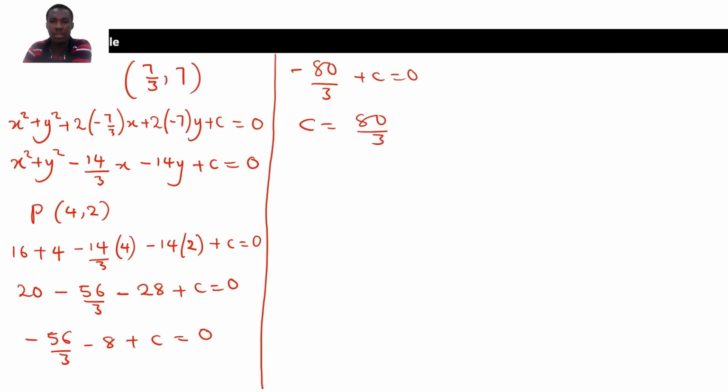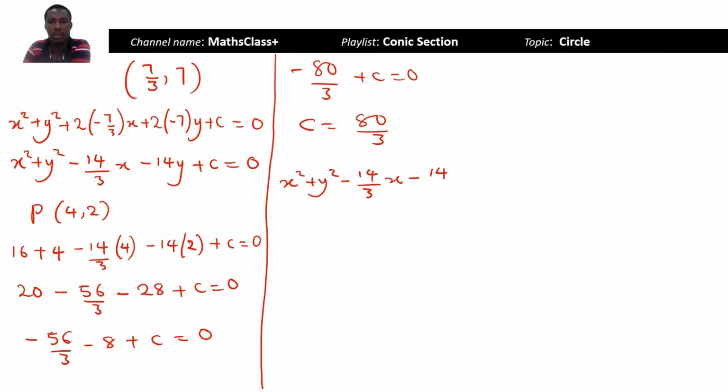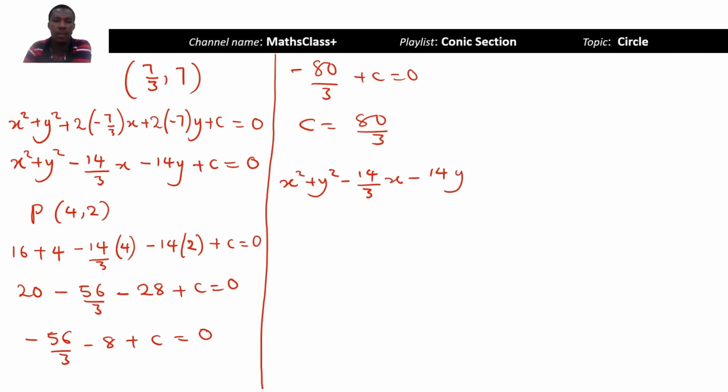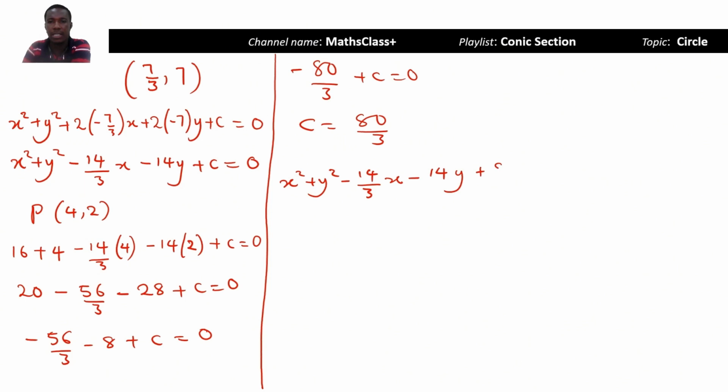Now I will substitute to get my general equation as x squared + y squared - 14/3 x - 14y + 80/3 = 0.